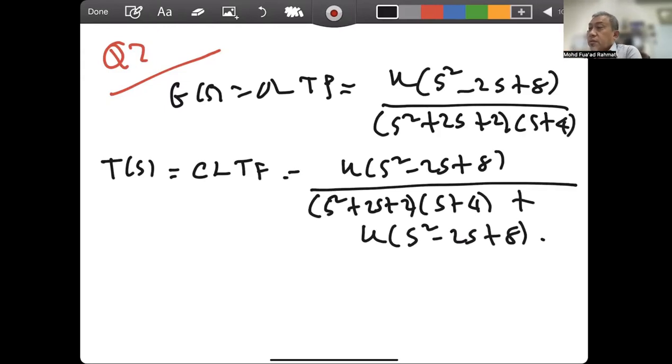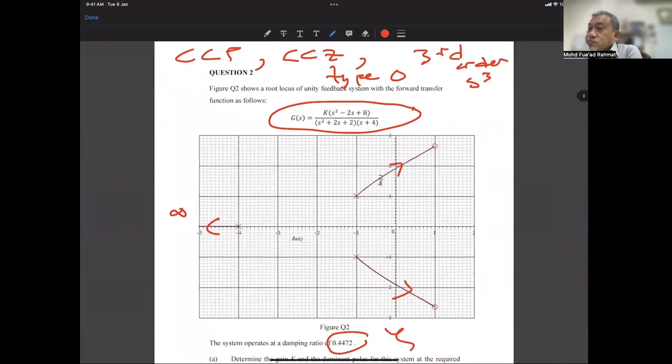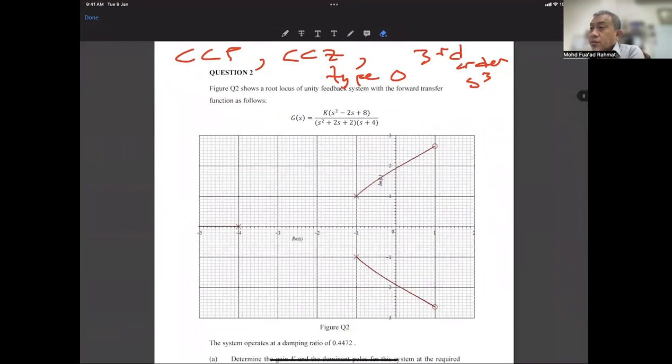So by looking at the plot here, zeta is 0.4472. So how are we going to draw and find the dominant poles?